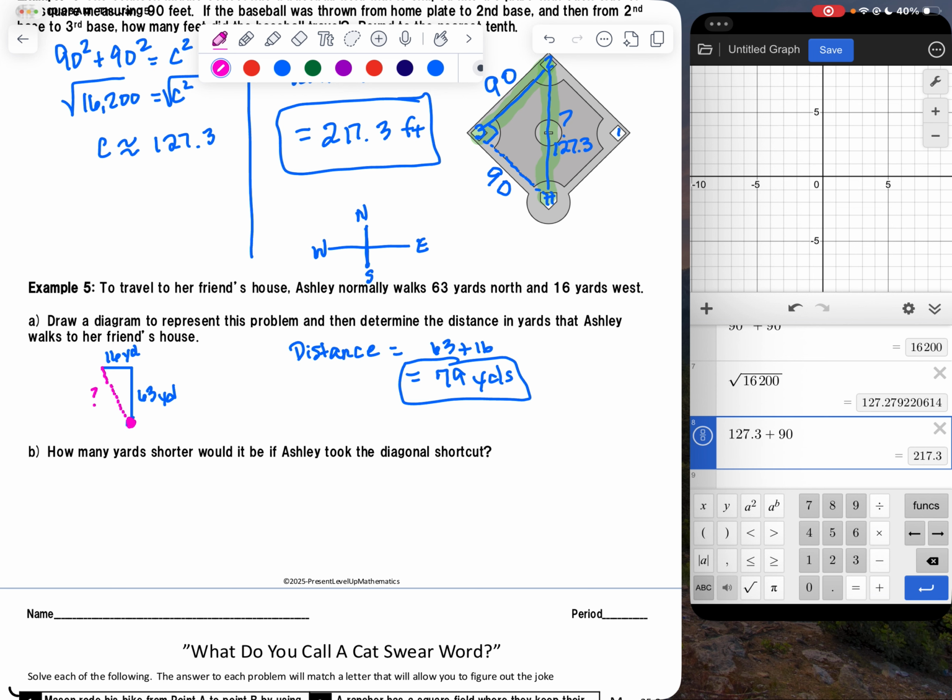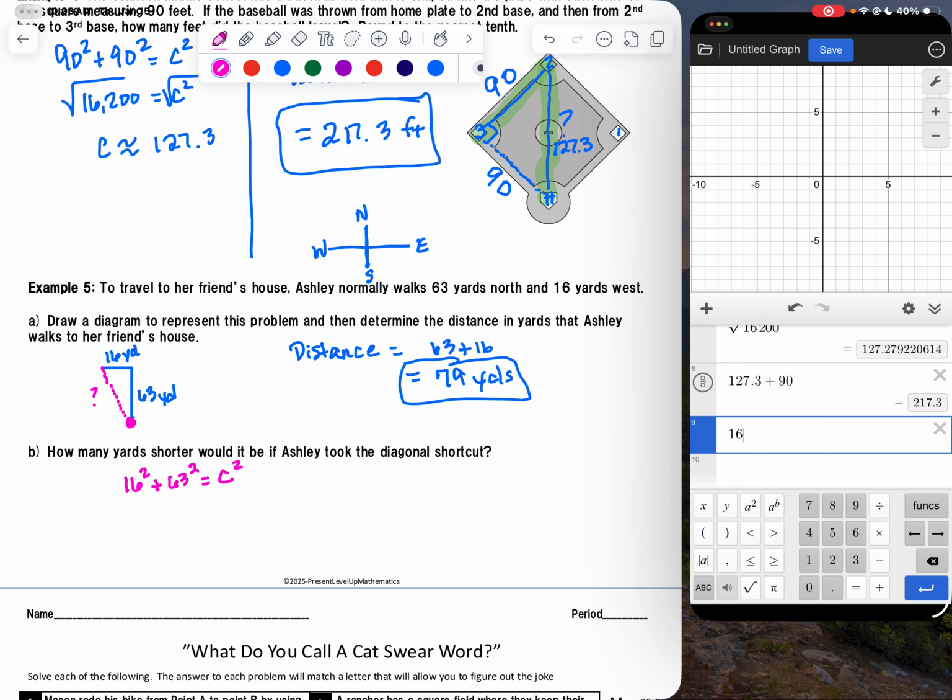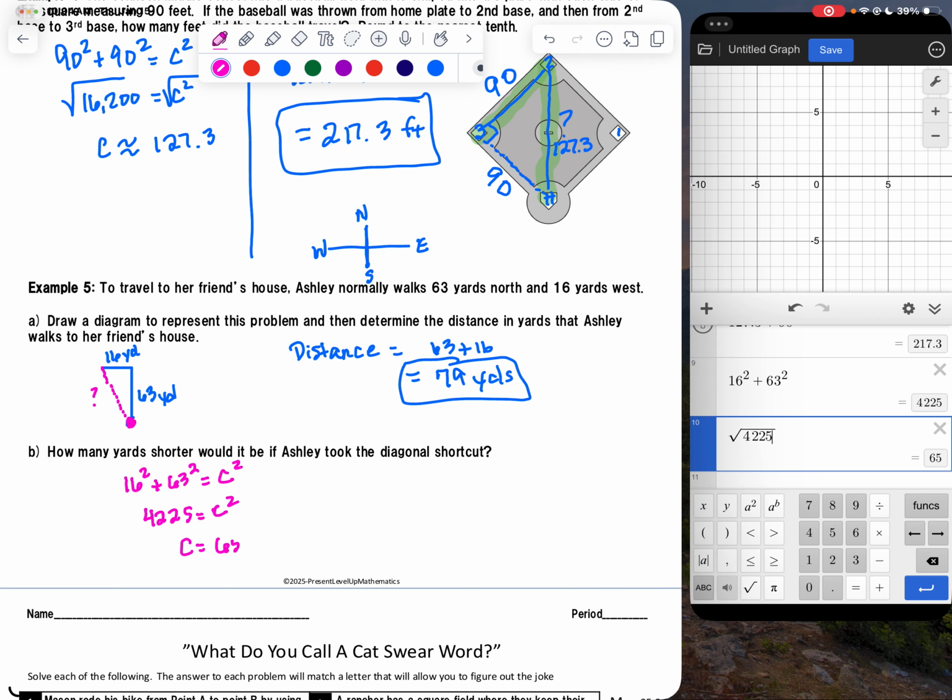So we can use the Pythagorean theorem here, and we can say 16 squared plus 63 squared is equal to c squared. So let's put that in the calculator. 16 squared plus 63 squared is 4225. And then take the square root of 4225. So c is equal to 65 yards.